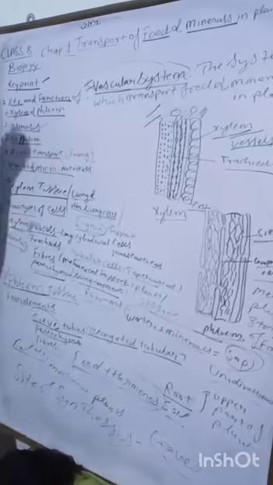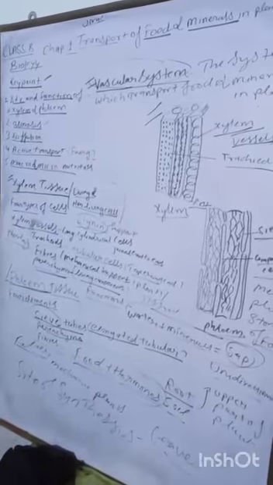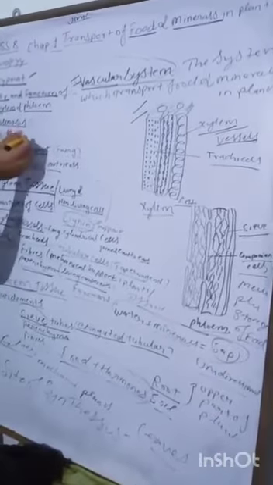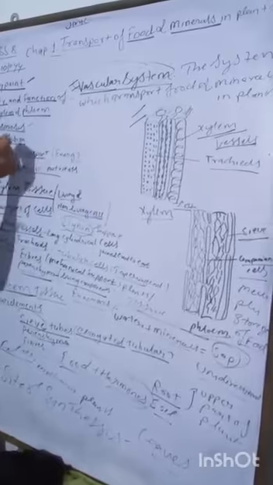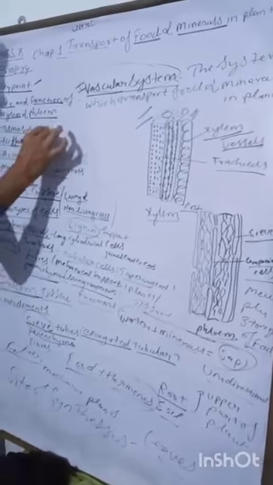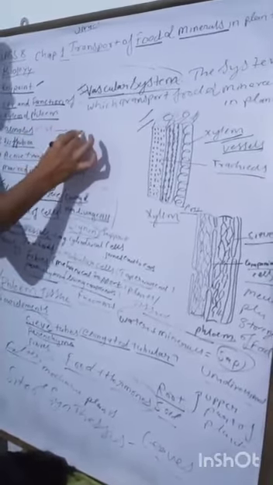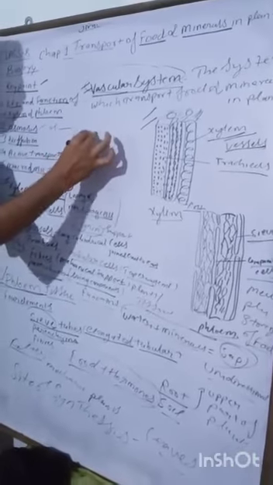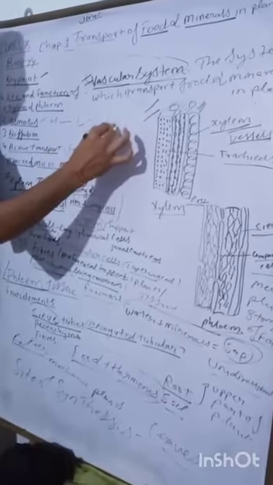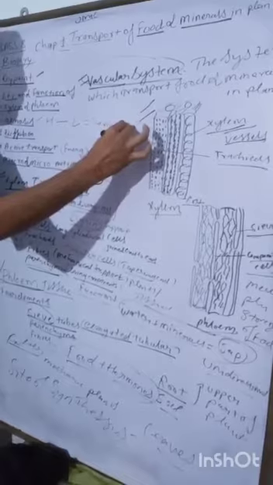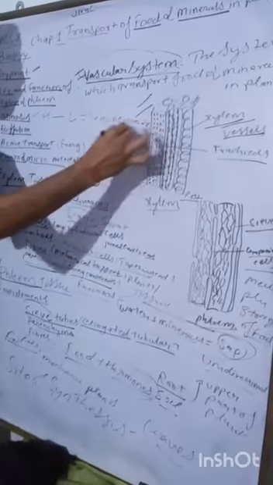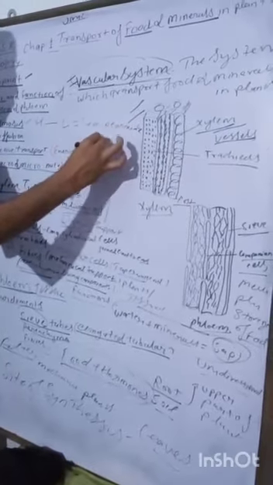Okay, students, after the structure and function of xylem and phloem, we are going to osmosis. Osmosis is a process in which ions and molecules move from the higher concentration to the lower concentration with the help of a semi permeable membrane.